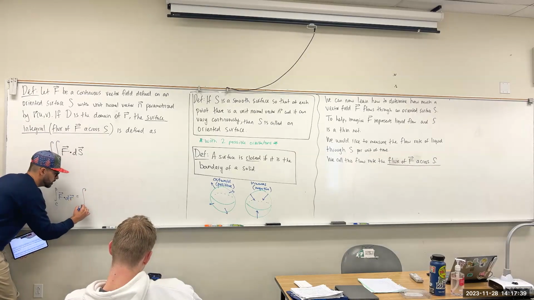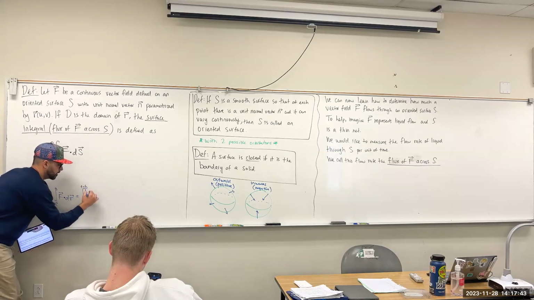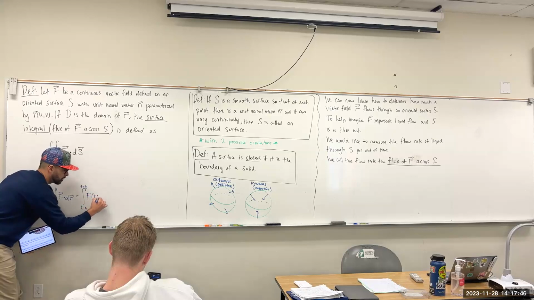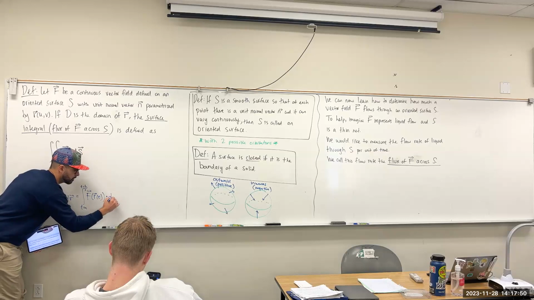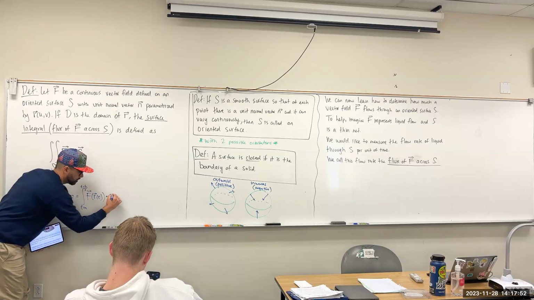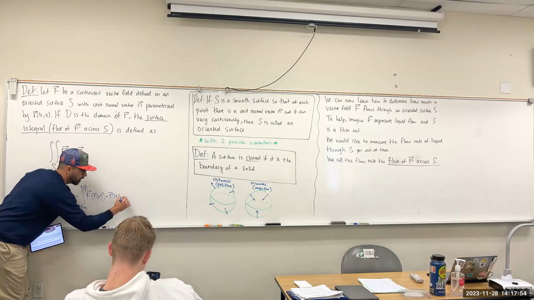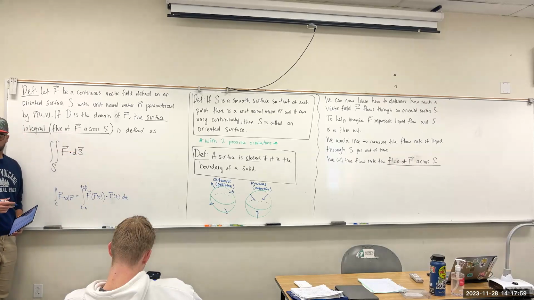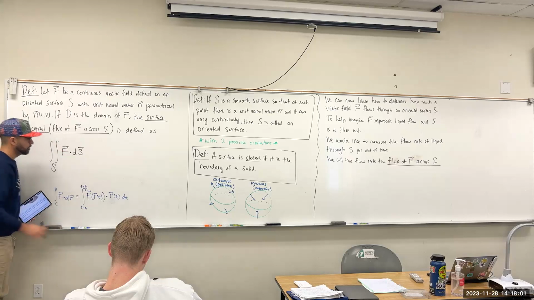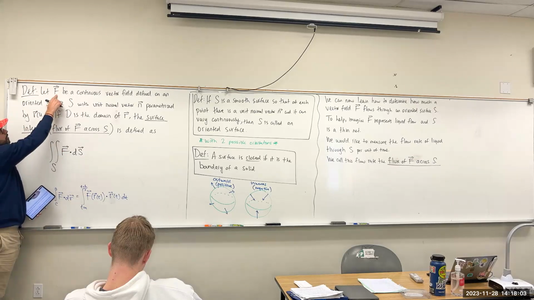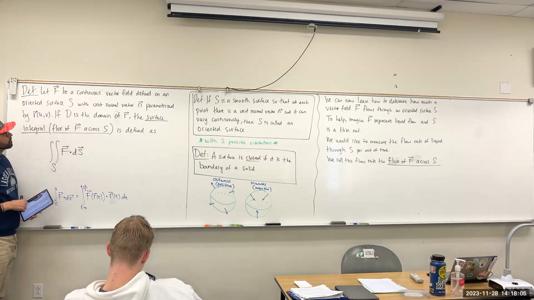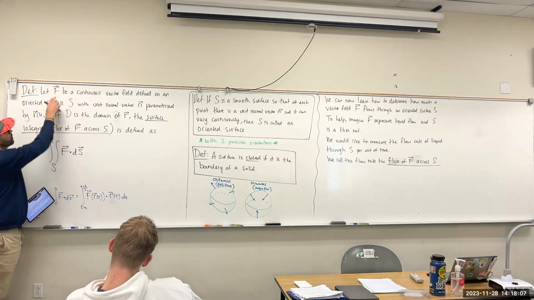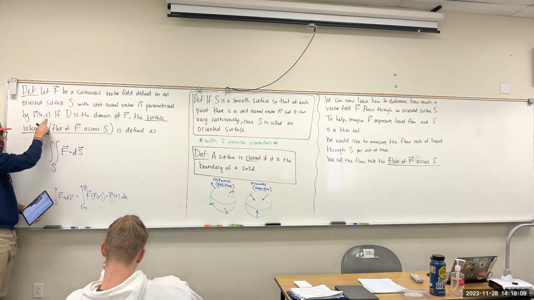The way we define the line integral, I just want to show you guys the similarities, okay? You don't have to write the blue part. This is how you did it by definition. Does that look familiar? So for a surface integral, this is a vector field and R of u, v.